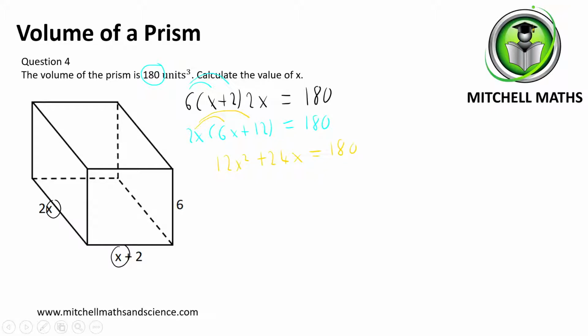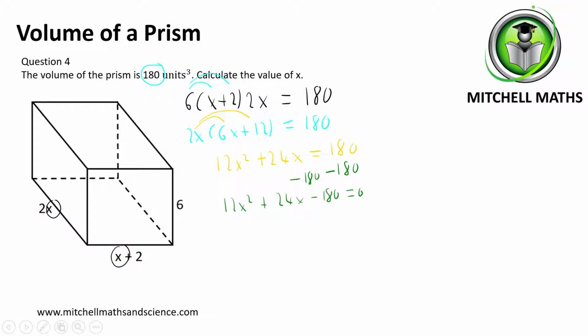Now I've got a quadratic and I'm going to want to rearrange to make it equal to 0. Therefore, I'm going to take 180 off both sides. And that will give me 12x squared plus 24x minus 180 equals 0. And now it's a case of solving a quadratic.